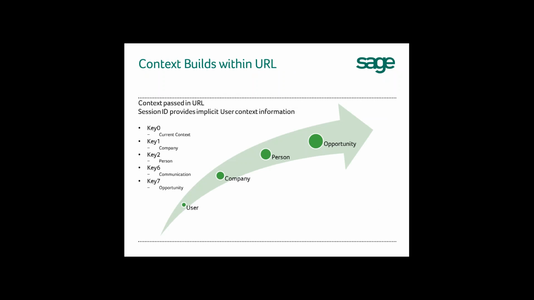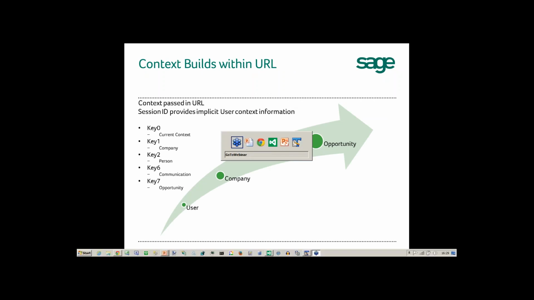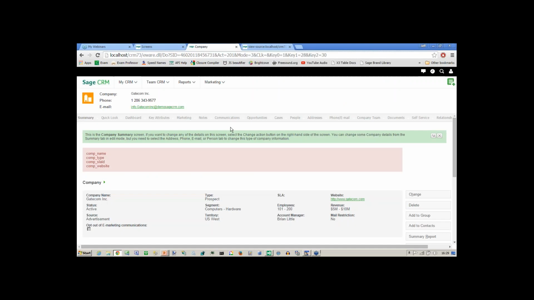Now where it becomes very useful to us is that we can start to explore the idea of context within Sage CRM. Now, I already took you into looking at the idea of the URL.